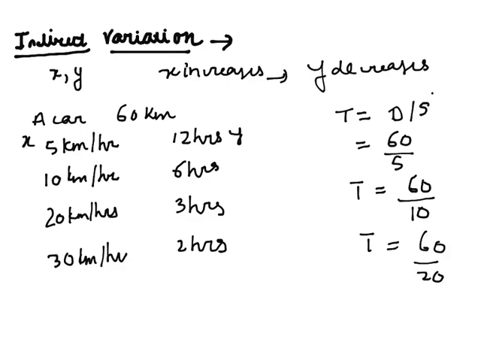So in terms of x and y, two quantities x and y are said to be in indirect variation if their product is equal to some constant. In this example, k is 60 km, that is the distance is constant, and the speed and time change, meaning time is varying depending upon the speed of the car.